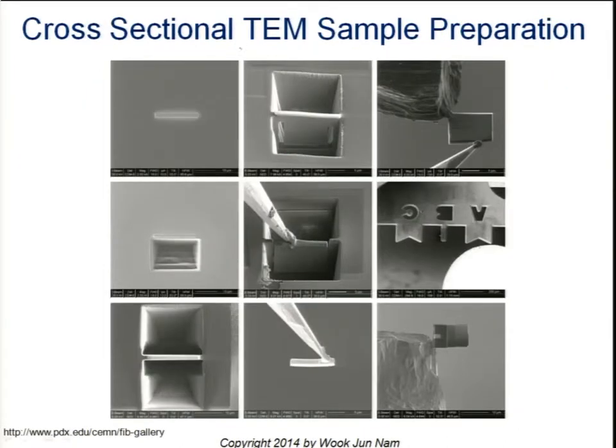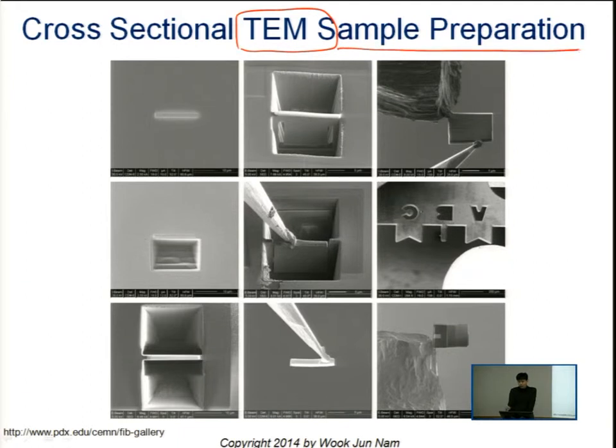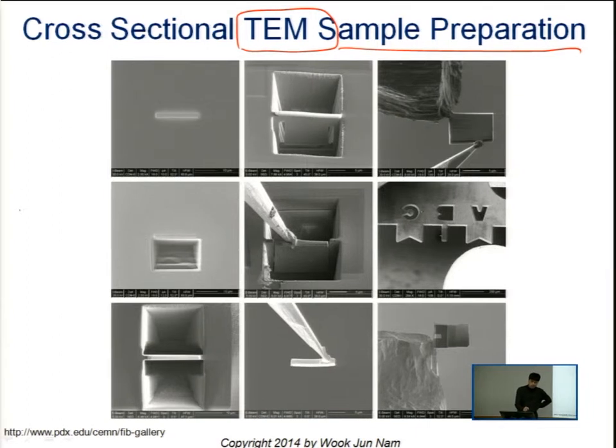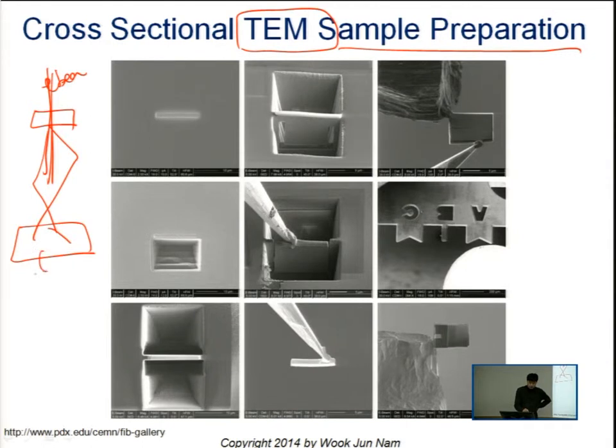Another thing is that TEM sample preparation is a very powerful area. As we discussed in the previous lecture, for the TEM we make images by having electrons transmit through the sample and then form the image at the final imaging plane.